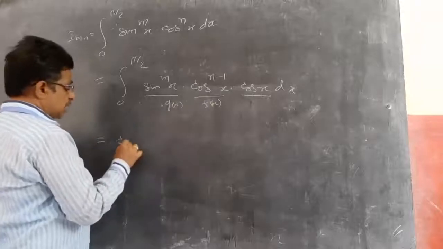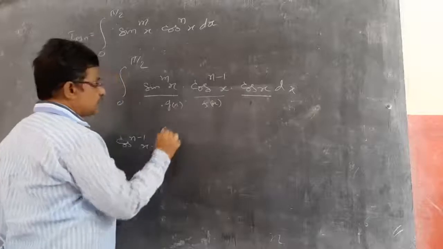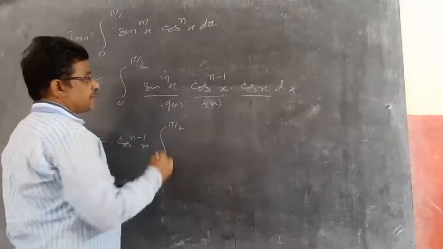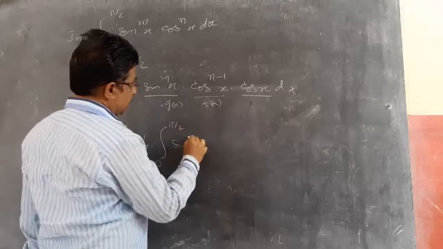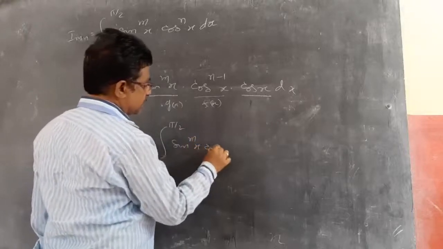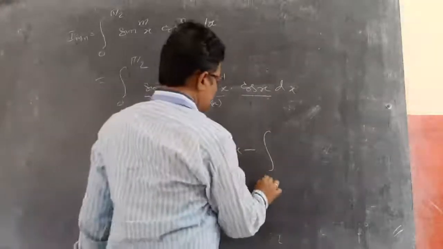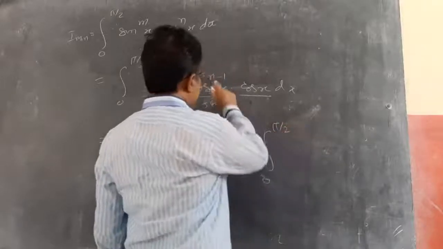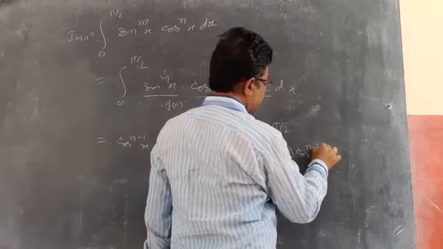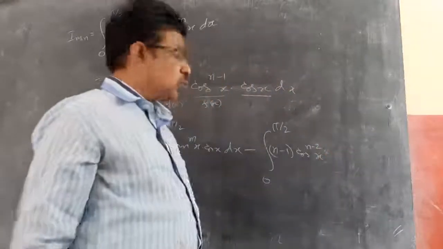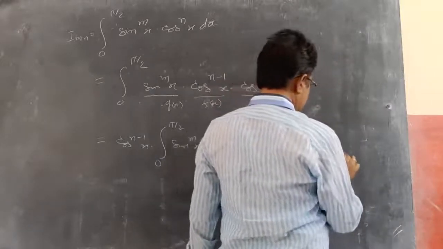f(x) means cos^(n-1) x into the integral of g(x). So the integral from 0 to pi by 2 of sin^m x into cos x dx, plus minus the integral from 0 to pi by 2 of the derivative of cos^(n-1) x, which is (n-1) into cos^(n-2) x into the derivative of cos x, which is minus sin x, so let us put minus into sin x.